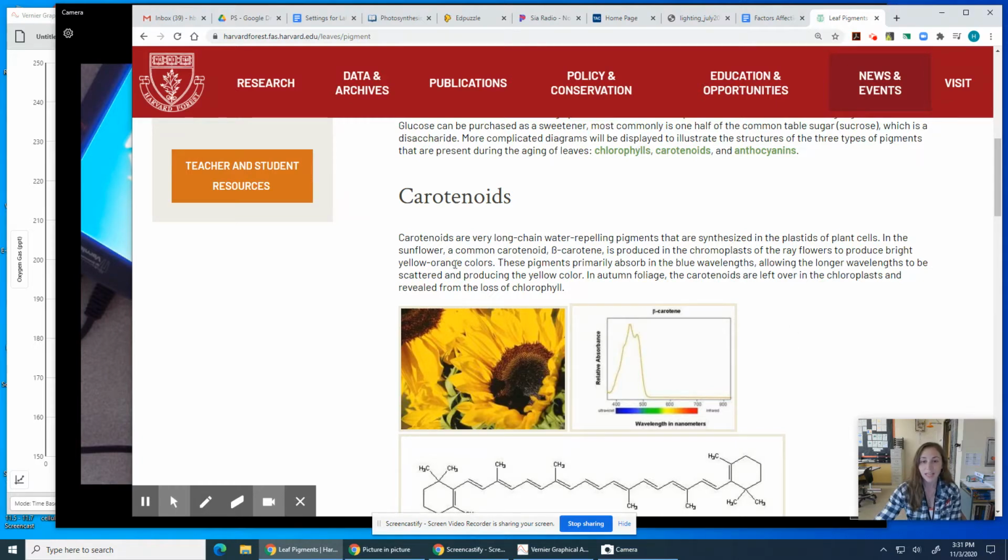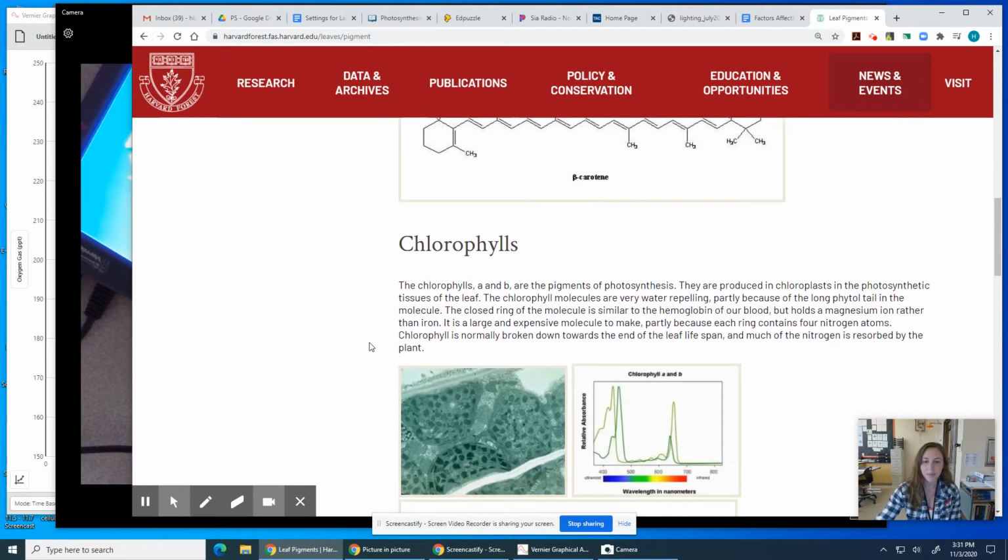A common carotenoid is beta-carotene, and this is found in a lot of flowers. So this sunflower right here, its petals are yellow due to the beta-carotenes. What I learned in college and what has stuck with me for years is that your orange carrots you eat are filled with carotenoids. All right, so that's the first type of pigment.